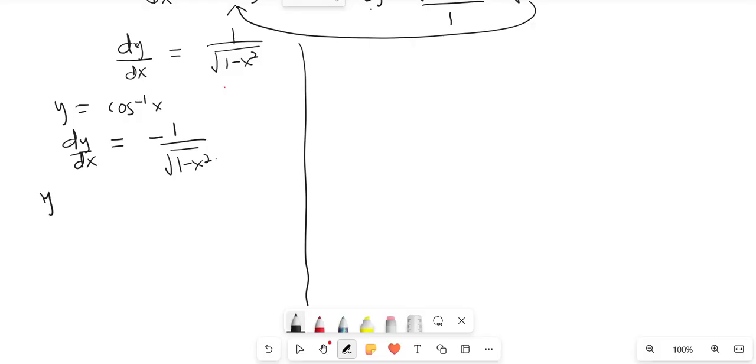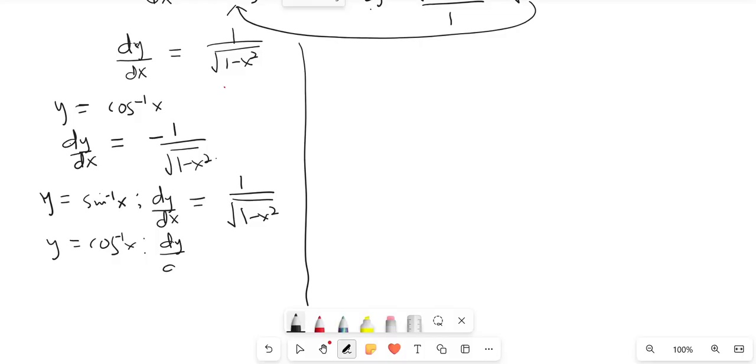So when y is equal to the sine inverse of x, the derivative is 1 over the square root of 1 minus x squared. If y is equal to the cosine inverse of x, the derivative with respect to x is just the negative of the answer in the case of sine inverse of x.